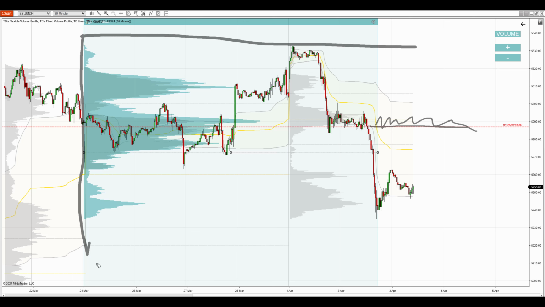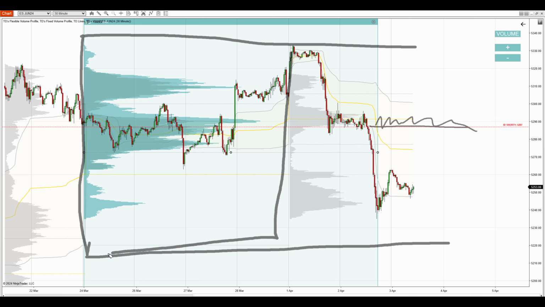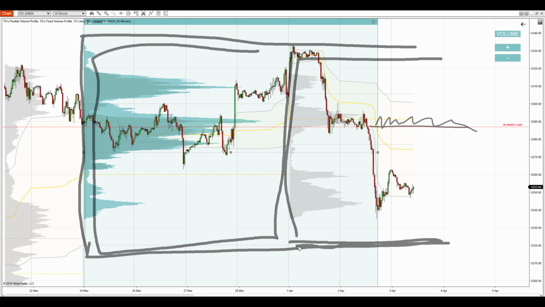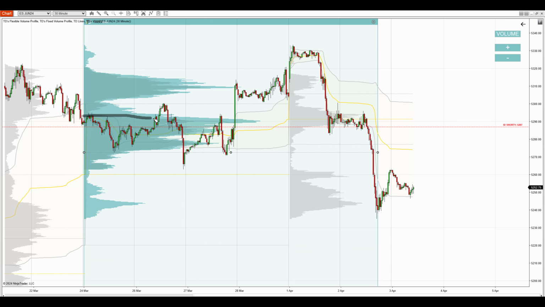This is the period, last 2 weeks. This is the last week. This is the current week up until today. And here is the point of control. The heaviest volumes throughout this 2-week period were in here, which is very important. It is a weekly point of control. And as you can see, our level aligns with that as well.